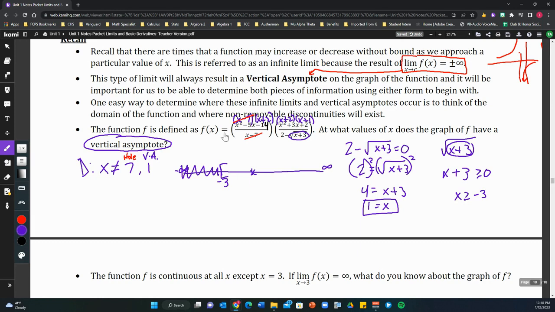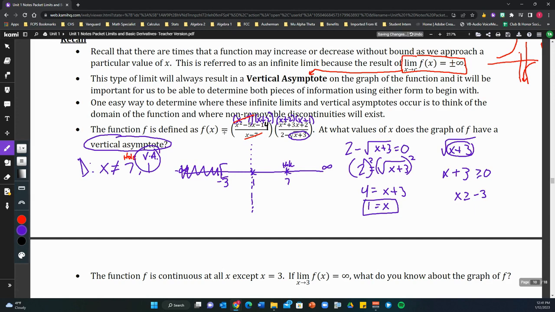So we can't use that value, but again, we know that it would be a vertical asymptote on the graph. And then after that, we know there is a restriction at 7, but that would be a hole somewhere on the graph. And then after that, all those other values of x would be able to be used and have no issues.